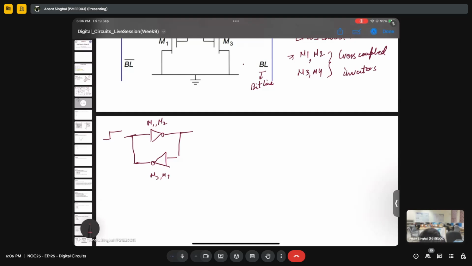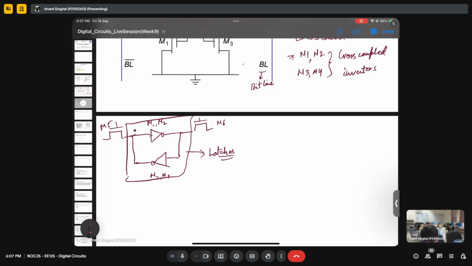And then we have access transistors, which are M5 and M6, for example. We have already seen in the first lecture of sequential logic that these are also called latches. And this is nothing but a cross coupled inverter. Whatever you give here, it holds it, and this is like a holding memory circuit, the inside memory circuit. So this is what we call latches also.